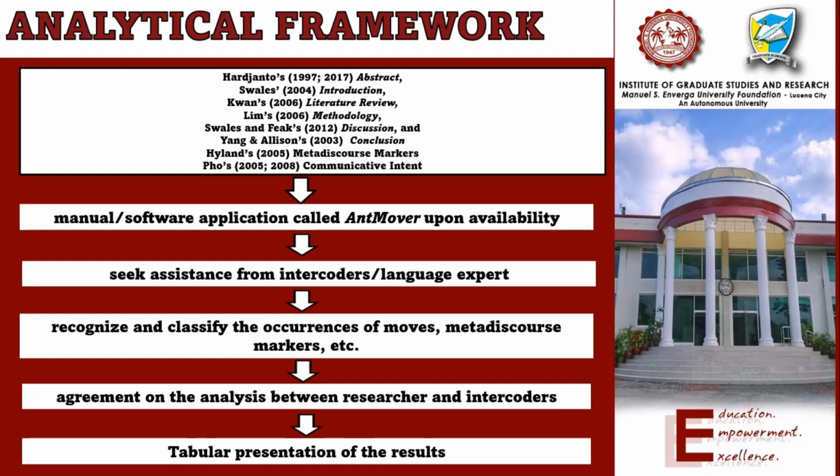If there would be a disagreement about a specific move in a sentence, both raters, that's the researcher and the intercoders, would talk about it and come up with an agreement before arriving at the actual tabular presentation of the results.